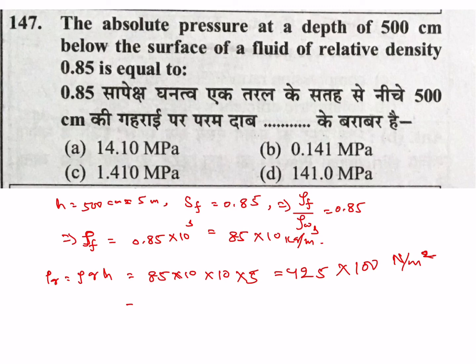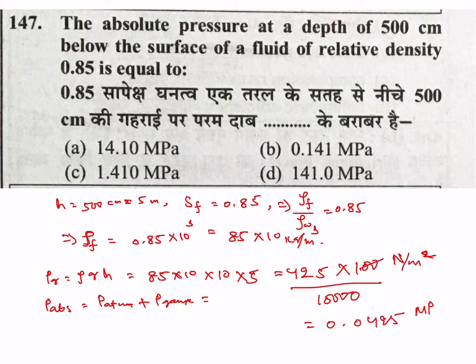Then absolute pressure we have to calculate. P absolute is gauge pressure plus atmospheric pressure. This one will convert. Options are in megapascal, so divided by 10 to the power 6. You will get 0.0425 megapascal.